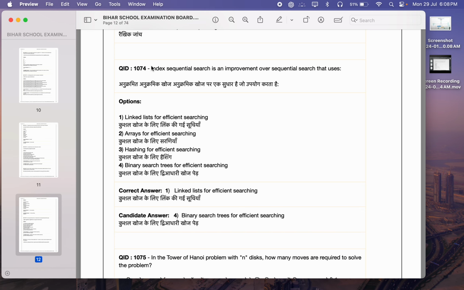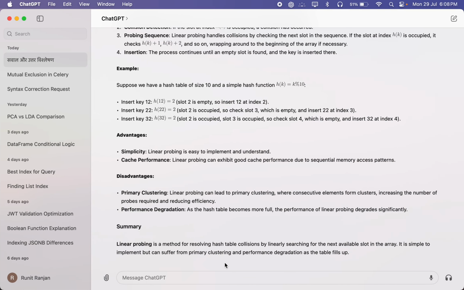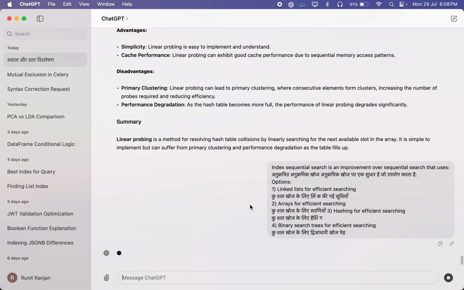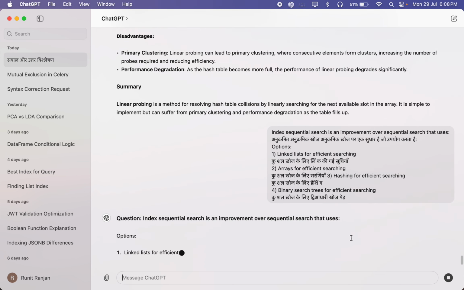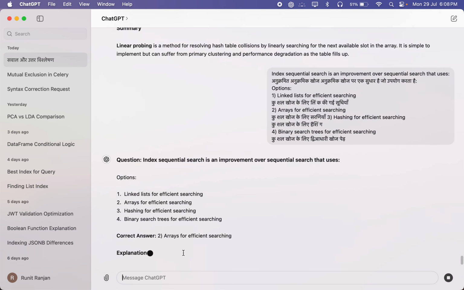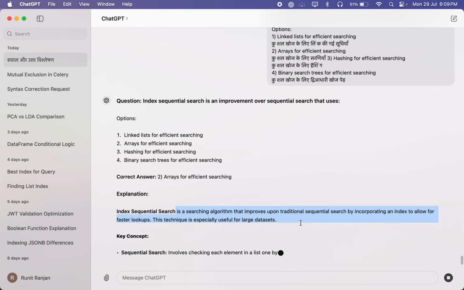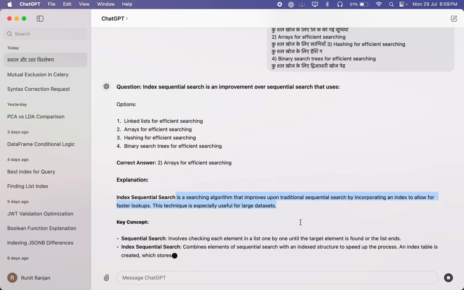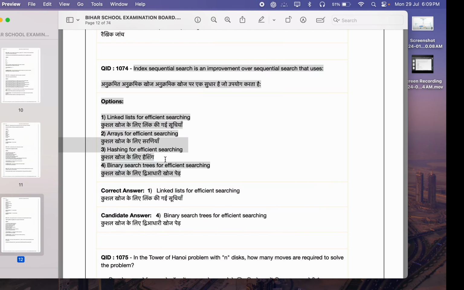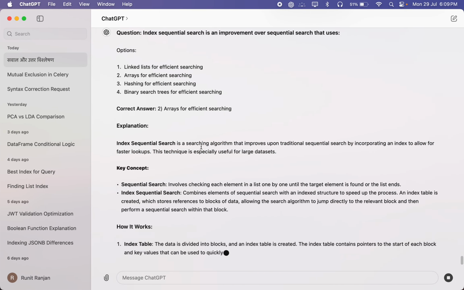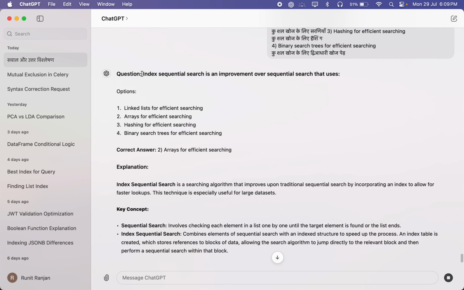So let's see the answer for all this, what ChatGPT says. Again, the question itself is a bit tricky.